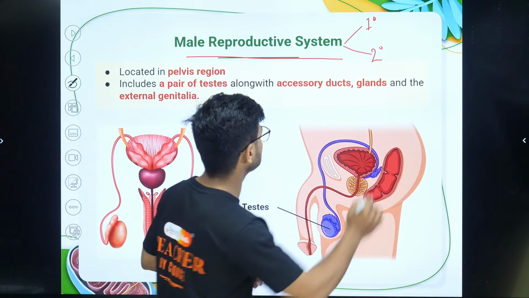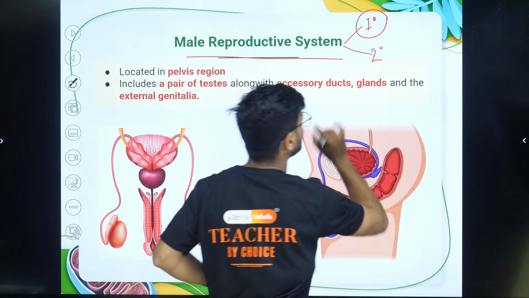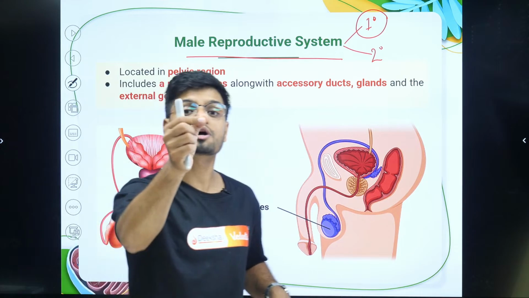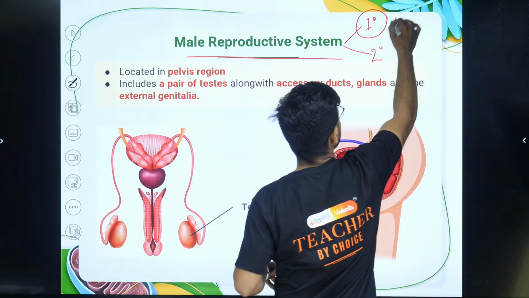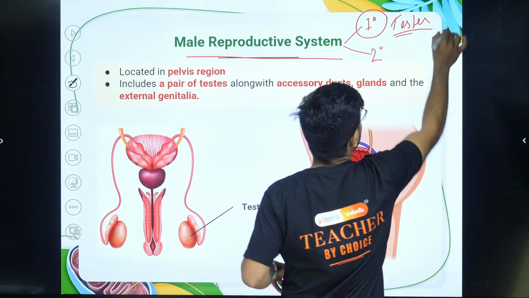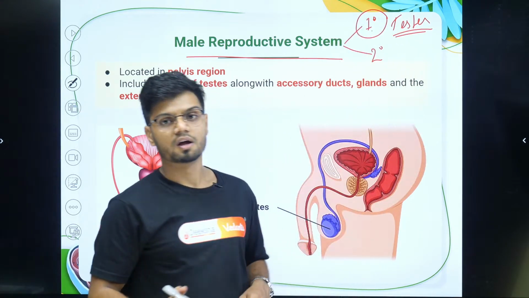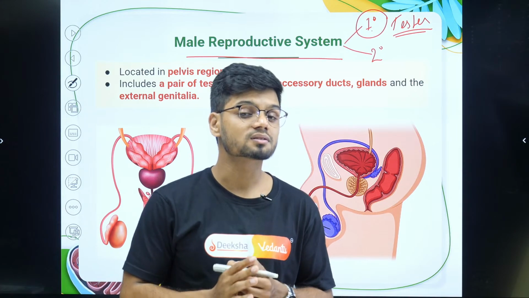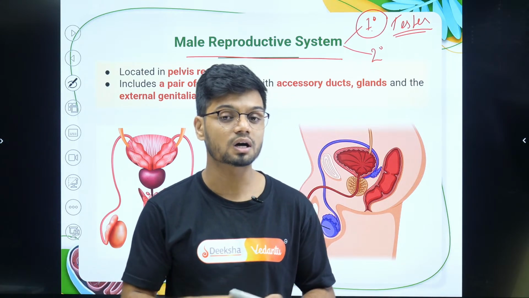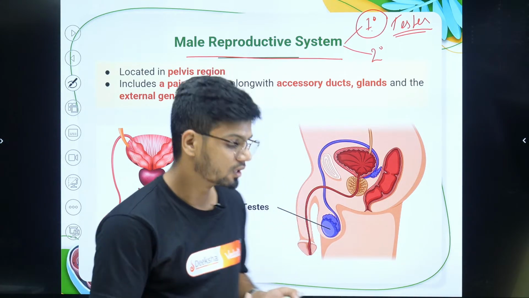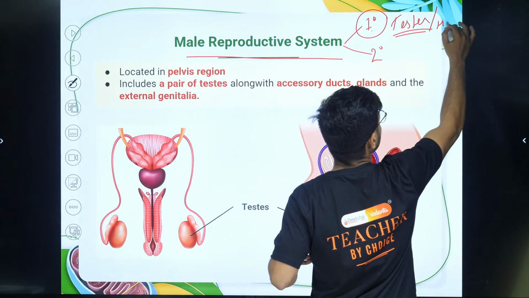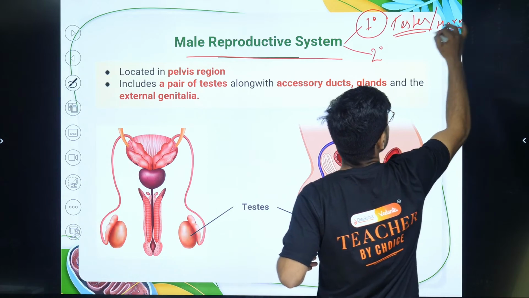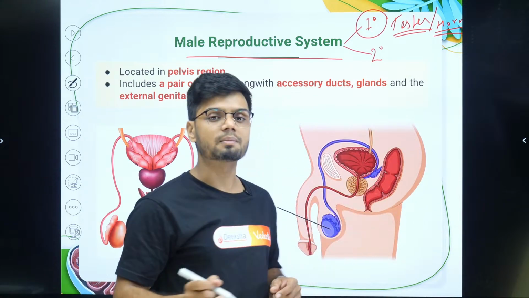An example is the testis. Testis is the example of a primary structure. Now one more definition is there. Primary structures are all structures which are responsible for hormone production. Not only sperms, also hormone production. Clear? That is your primary structures.